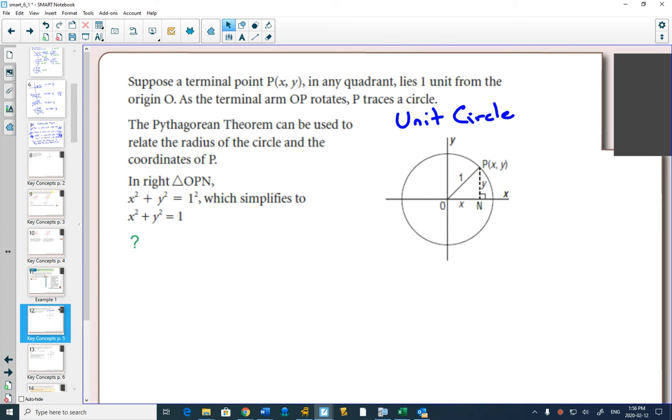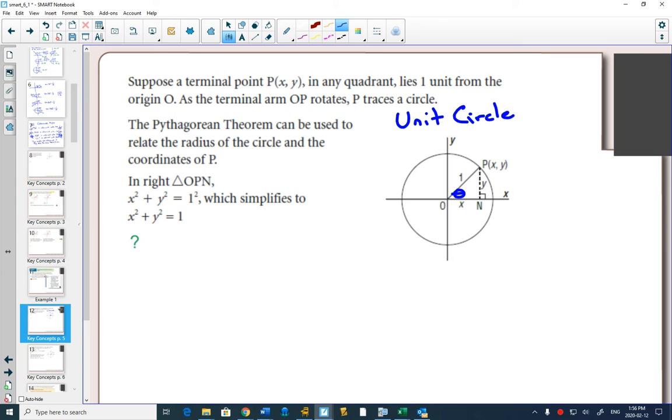Now, what we're going to write on the next page is, from this circle, we can have 3 big ideas that are going to be the important things for the rest of this unit. First of all, if you talked about the angle that was made here as theta, you've got a right angle triangle.